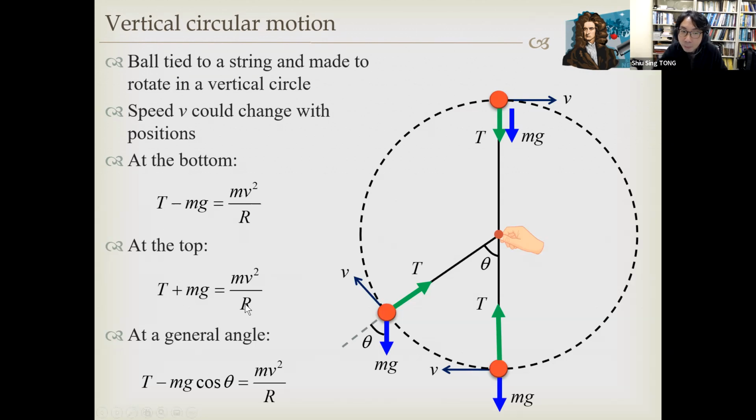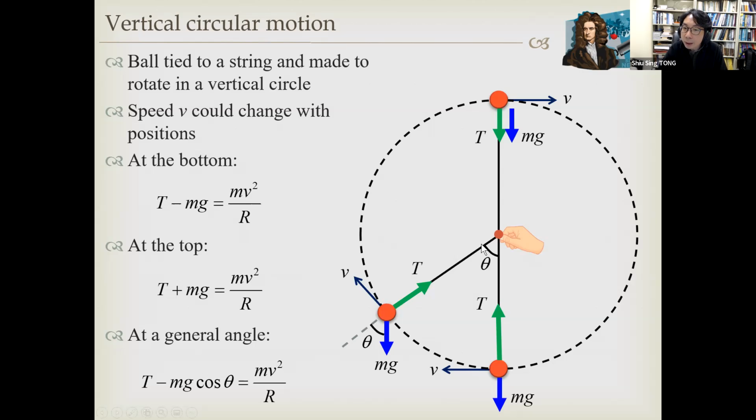So instead of a minus sign, you have a plus sign, because both the tension and the weight of the object are producing the centripetal force. They add together to produce the centripetal force. So T plus mg is the net force, and the net force is equal to the centripetal force mv squared over r.